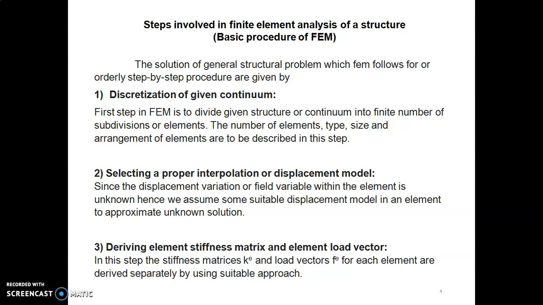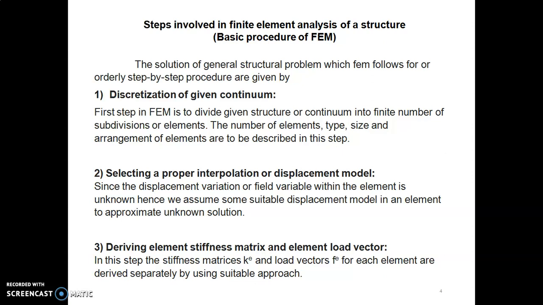Second step is selecting a proper interpolation or displacement model, because initially you don't know the solution to the given problem. So you need to assume that the displacement model is a polynomial or trigonometric, whichever is suitable to solve. If it is trigonometric, it is somewhat difficult to solve the problem.